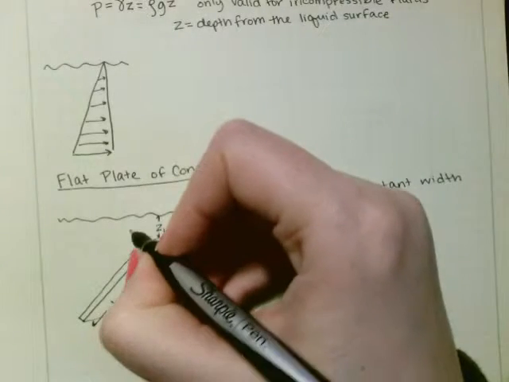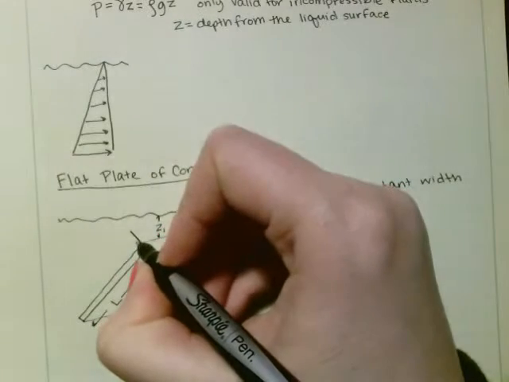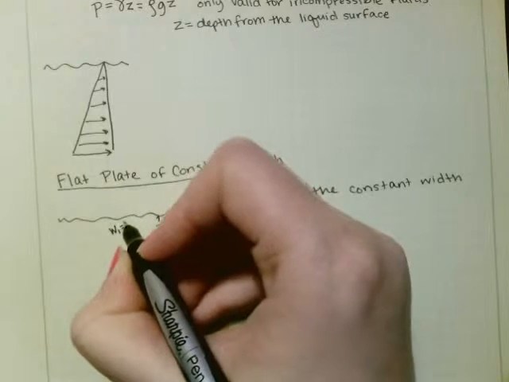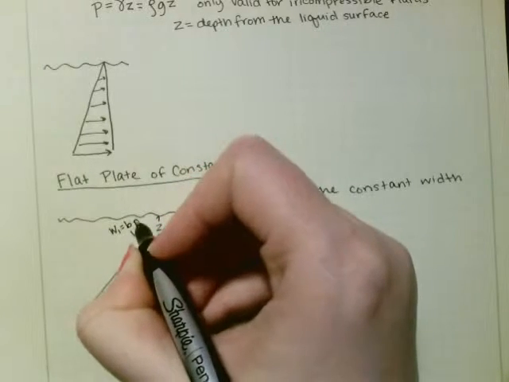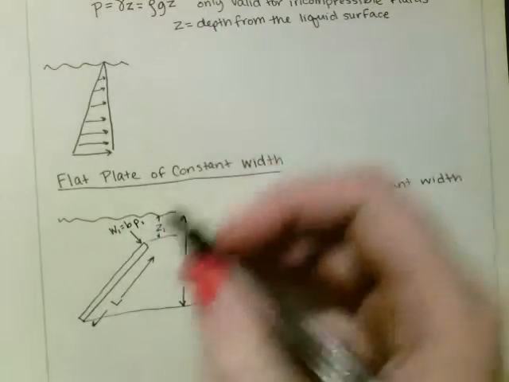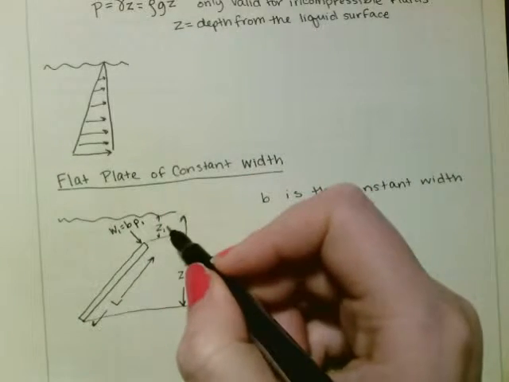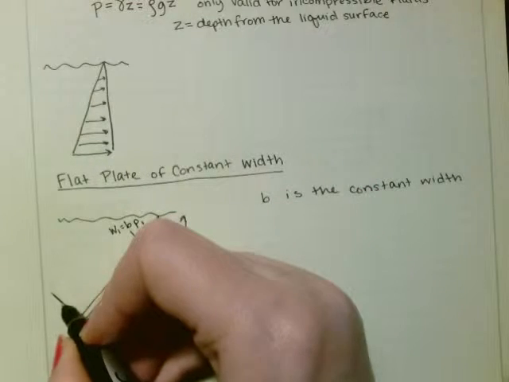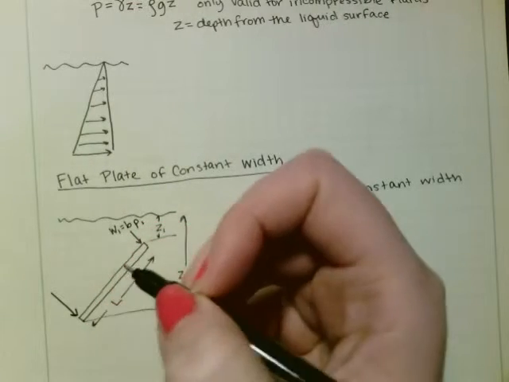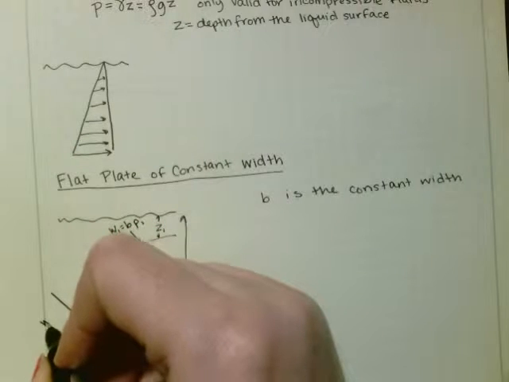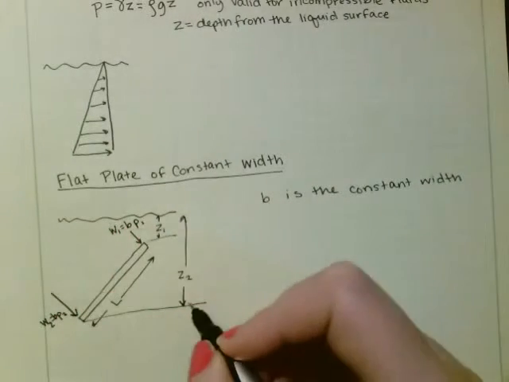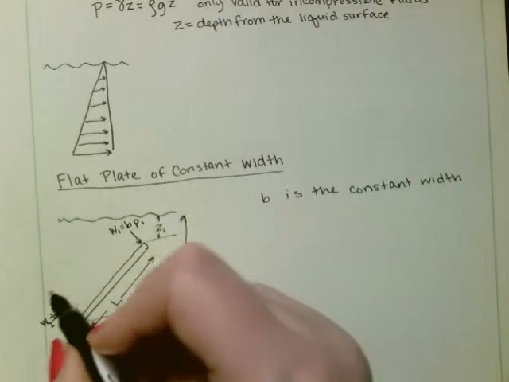So right here you're going to have W1, which is going to be equal to your width times your pressure. And that pressure 1 is going to be determined from the depth Z1. And then over here you're going to have a higher pressure, higher distributed load, so you've got W2 equal to B times P2, but that's taken at Z2, so it's going to be larger.